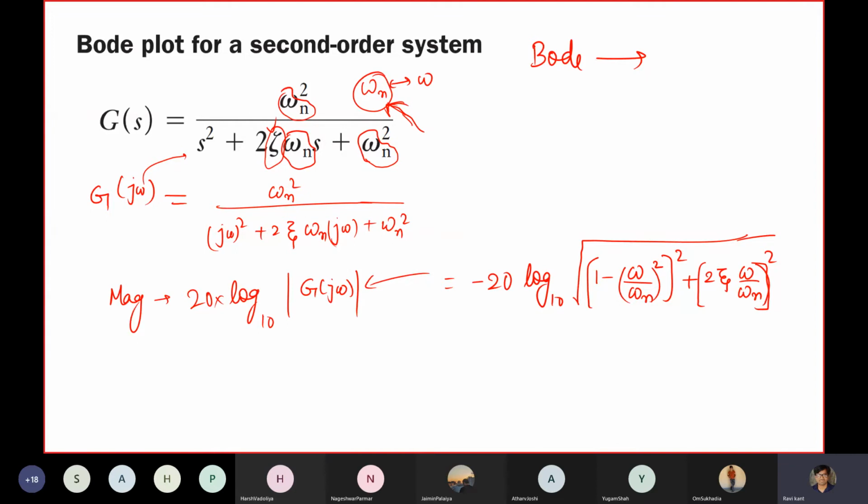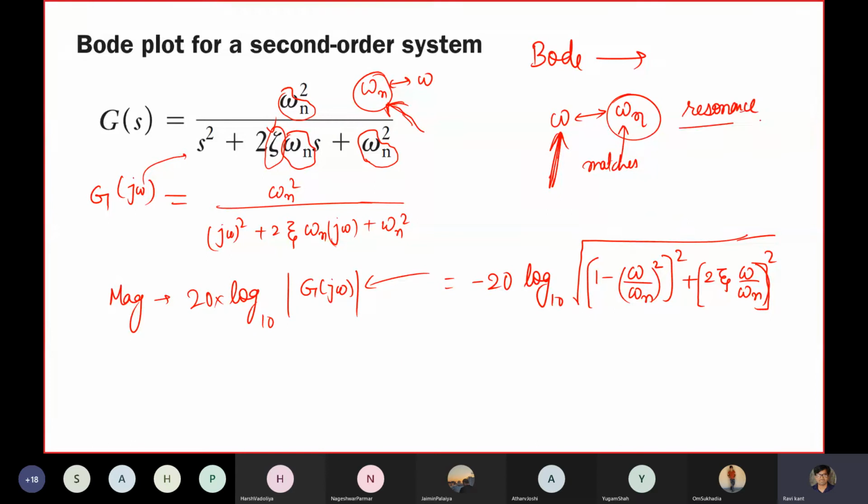Okay, now here notice that I have already motivated you guys. Whenever your forcing frequency ω reaches the natural frequency ωn of the system, things will go under resonance.